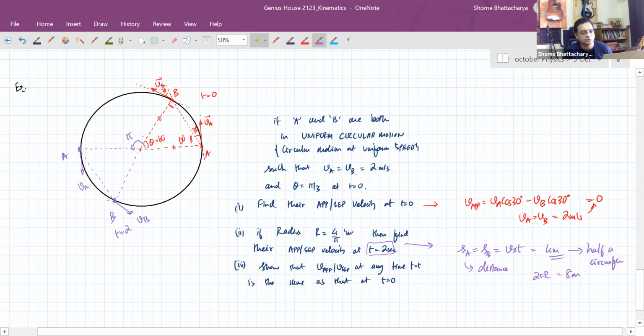I mean, obviously it's the same, you can understand. And this angle is equal to this angle, 30 degrees. So even now the approach or separation, whichever we take, is equal to 0.